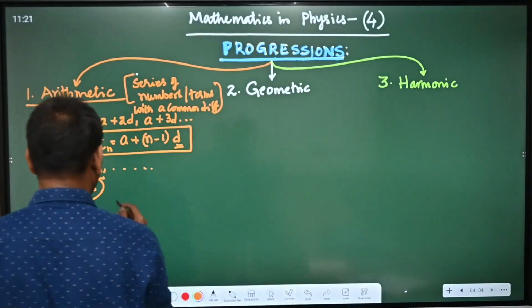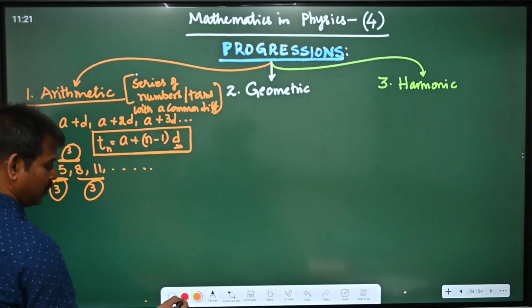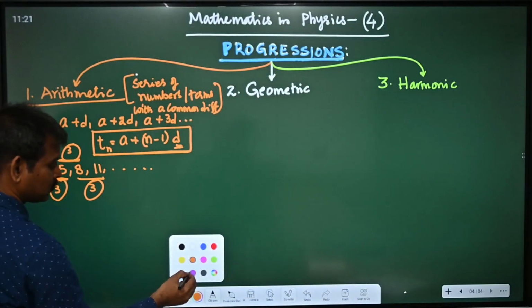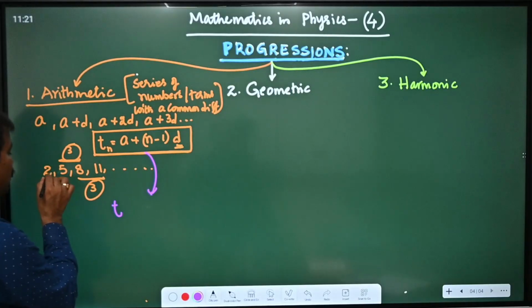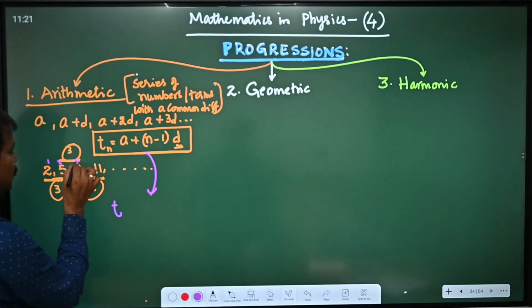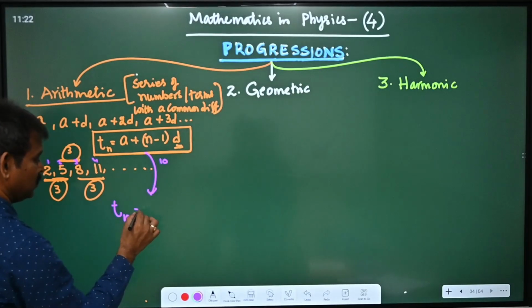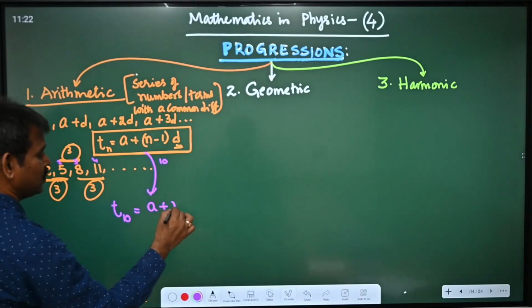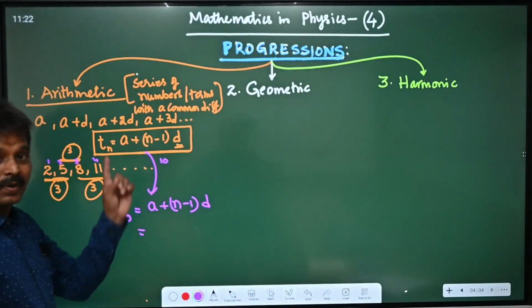Now if you want to find out the nth term in this series, the nth term is given by T, let us say first term, second term, third term, fourth term, I want the 10th term. So T10 is equal to A plus n minus 1 into D, where A is the first term.